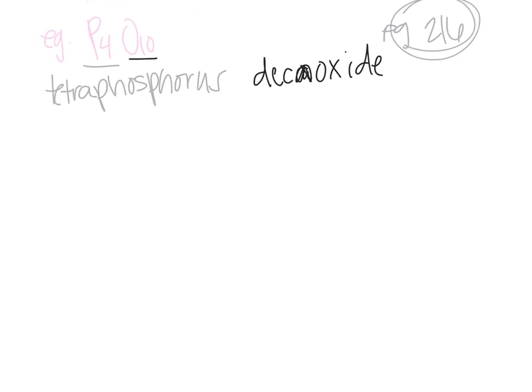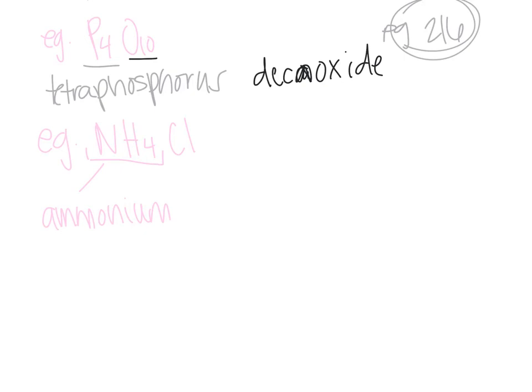Let's do another example, one that is a little more complicated maybe. So the second example is NH4Cl. So we should know that NH4 is a compound called ammonium. So that whole thing goes together.